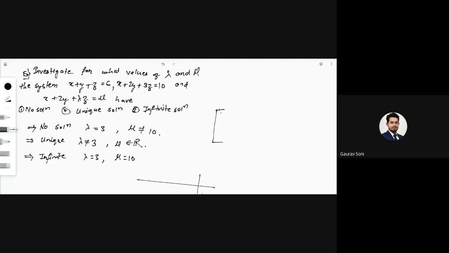You have a matrix with lambda minus 3 over here, and on the right hand side you have mu minus 10.